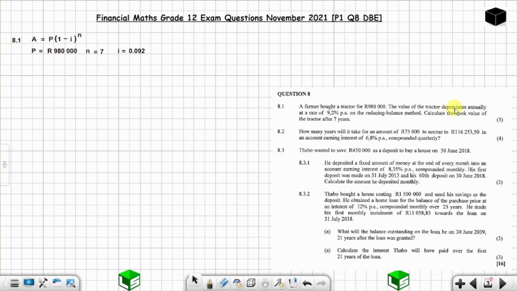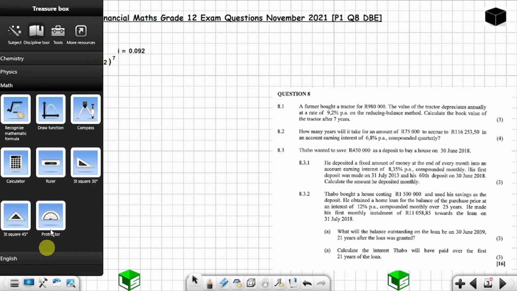So A is equal to, you plug everything into the formula to find A, the book value. Use your calculator.